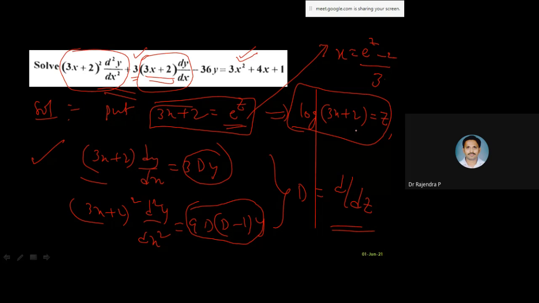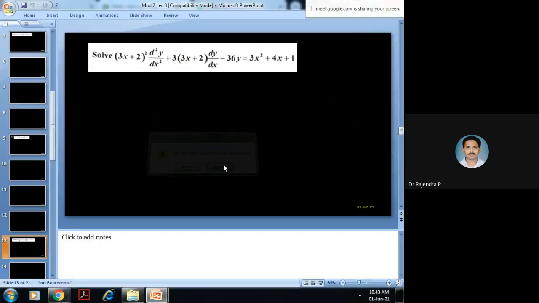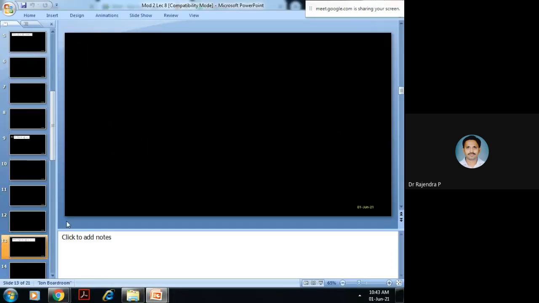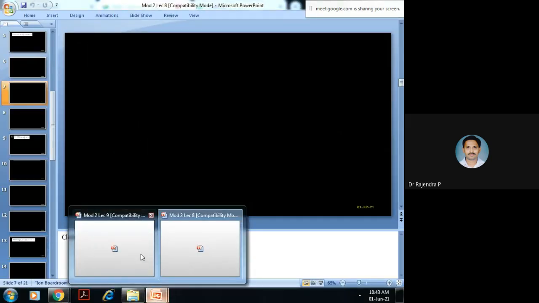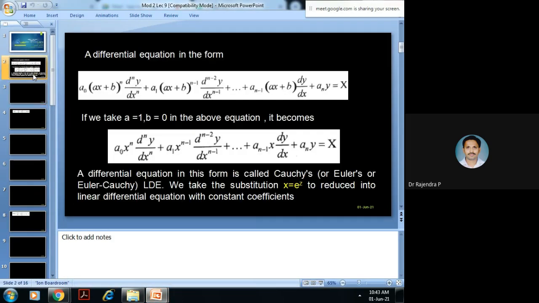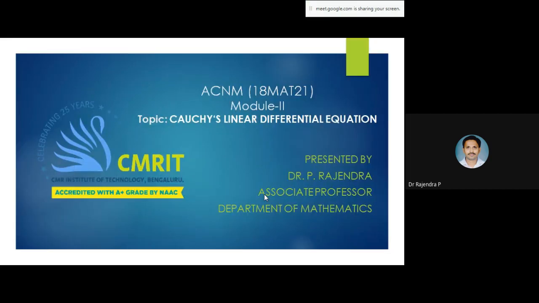Because we planned today to cover this particular topic, Cauchy's equation. Yesterday, whatever you covered, from there I want to give some hint to you to continue with our Cauchy's differential equation.